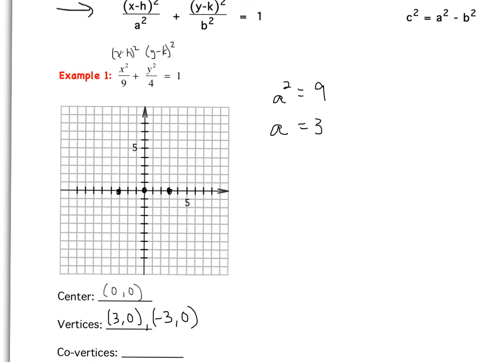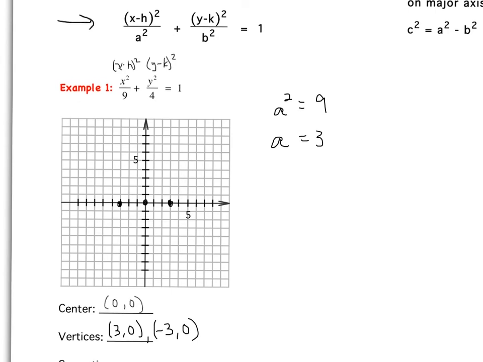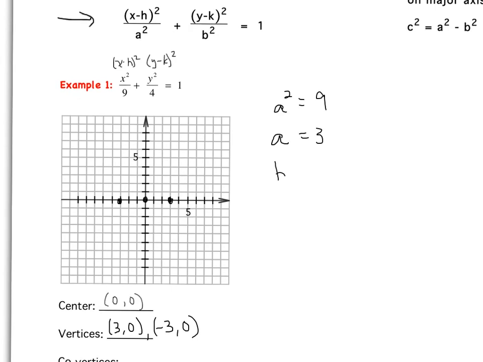Now we want to find the vertices that are called co-vertices, the endpoints of our minor axis. So we look at b squared, which is equal to 4. So the distance b is 2. Now that means we're going to go plus 2 in the positive y direction and draw a point, and down 2 in the y direction and draw our other co-vertex.